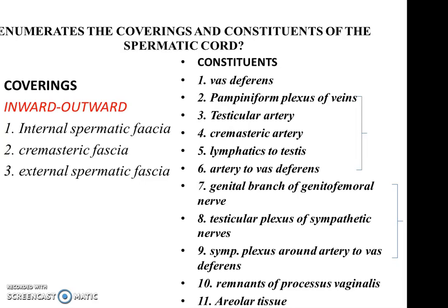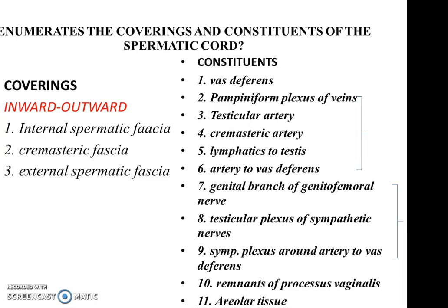The testicular artery will go to supply the testicle. Now, the testicle also sends a branch to the external wall, the cremasteric artery. And then all of these structures that are going down to supply are being drained by a single bundle of plexus of veins called the pampiniform plexus of veins.